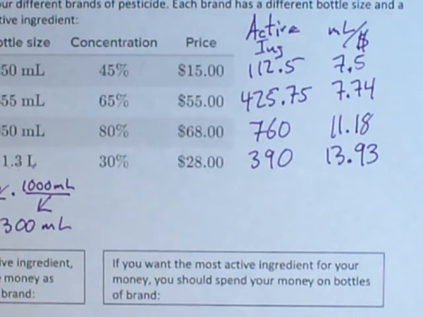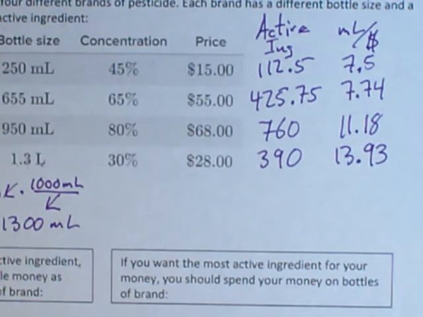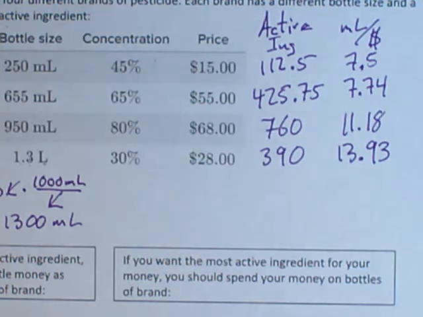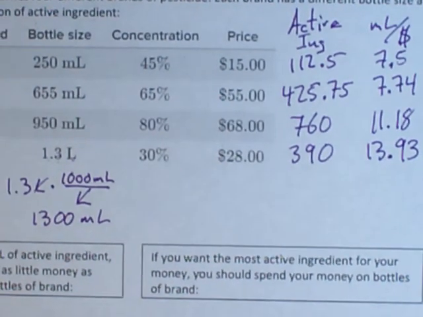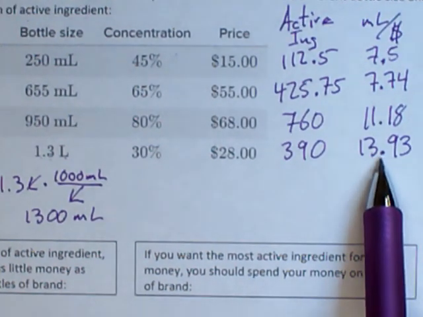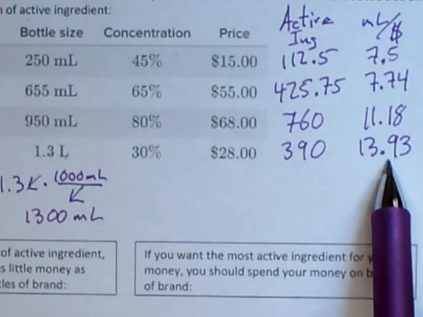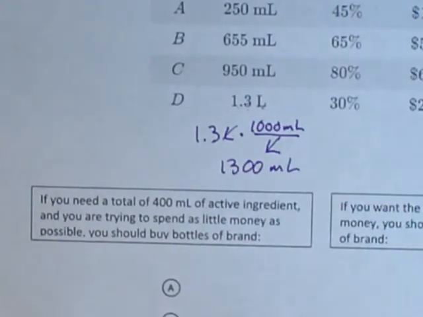Now it would appear that the best deal is this one, 13.93 milliliters per dollar. But this first question is about how much we would buy if we only need 400 milliliters of active ingredient.